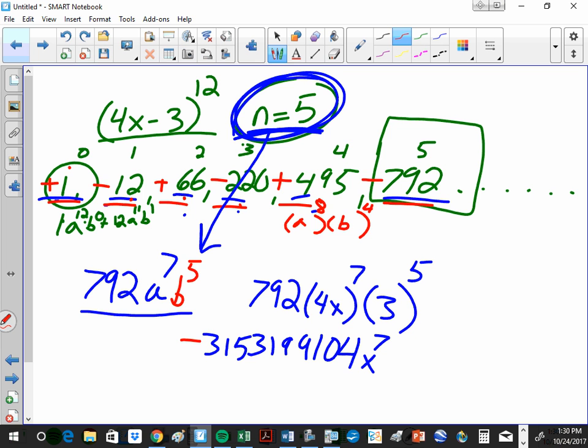They want the coefficient. So just this. What is the coefficient in front of the fifth term? In this case, it's negative 315 billion. That was a really big number.